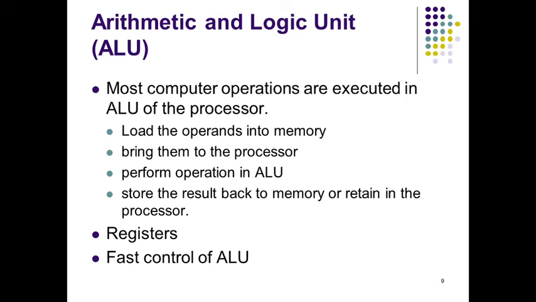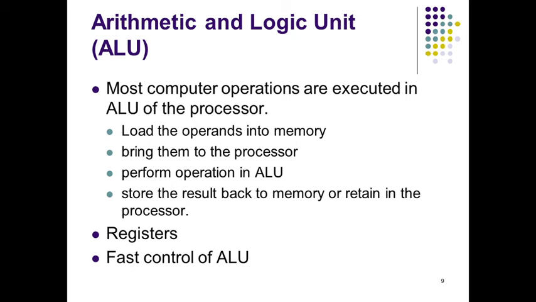The next is the arithmetic and logic unit, most commonly known as the ALU. Most computer operations are executed in this unit of the processor. Of course, the ALU is a part of the processor, which will process most of the computer operations.